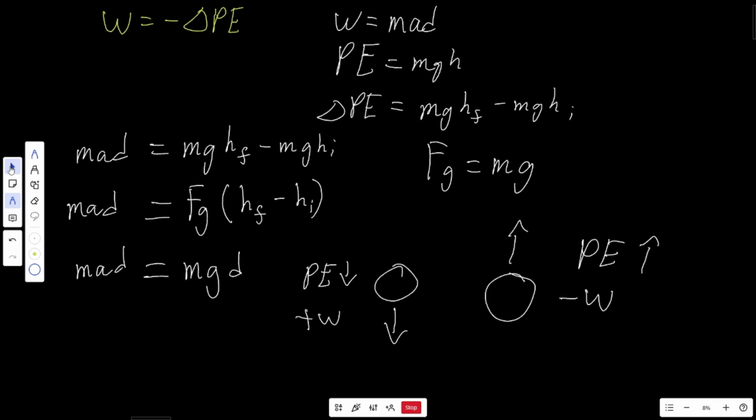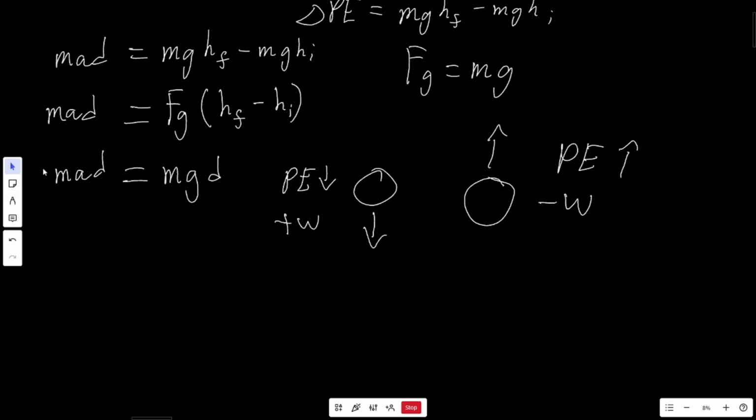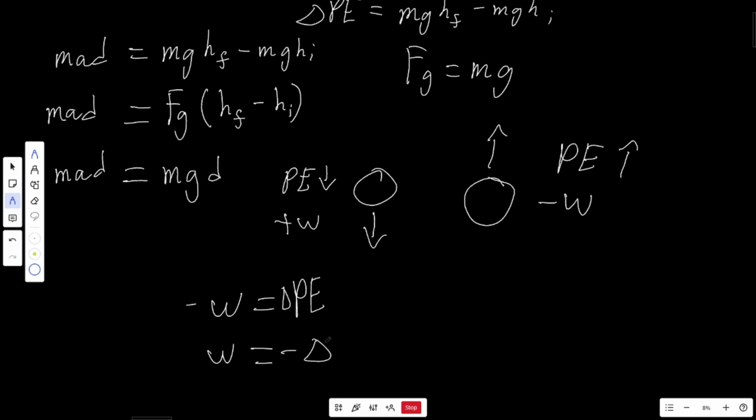So, using this intuitive explanation, we can say that the relation is inverse signs, or rather, negative work is equal to the positive change in PE when it's going up, and simplifying this into the other version, it will become work is equal to negative PE when it's going down.